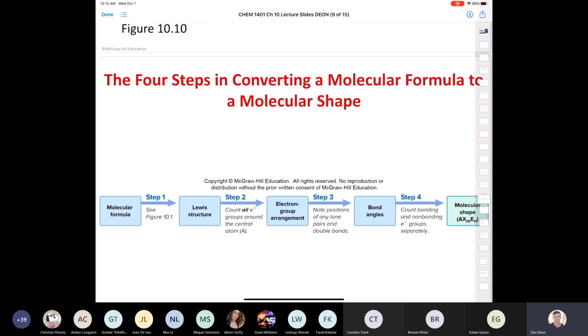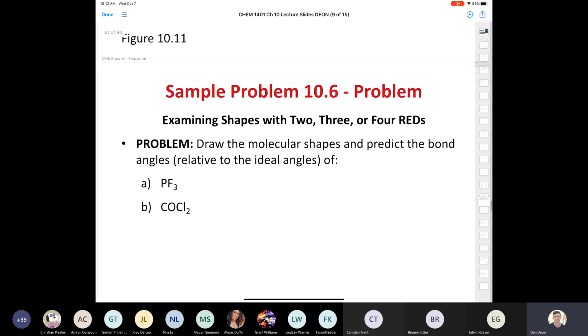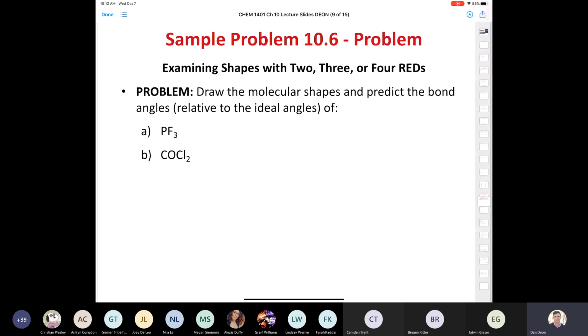I find that trying to just memorize tables is doable. I suppose I have them memorized at this point in my life, but a solid understanding when you're first getting going on the Lewis structures and the molecular geometries will really take you where you want to go. So with that in mind, I'm sure you're sick of hearing me talk. Let's try a practice problem.